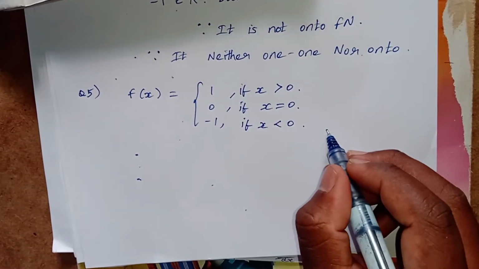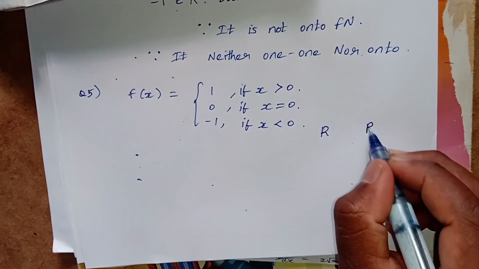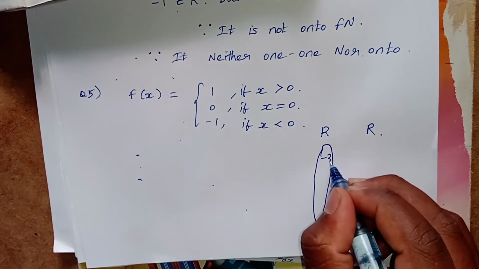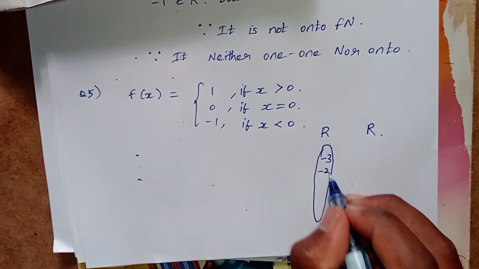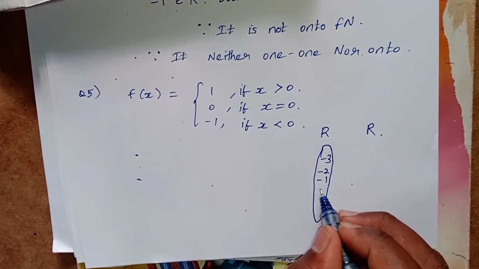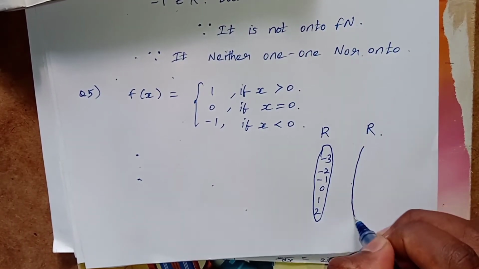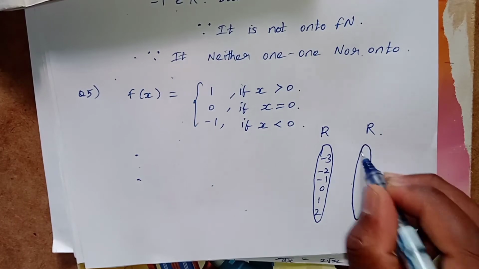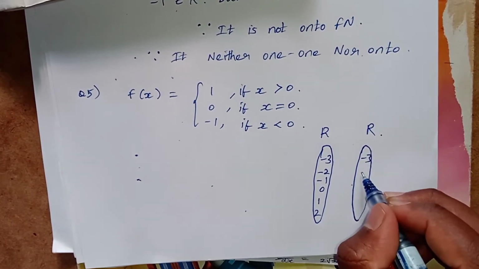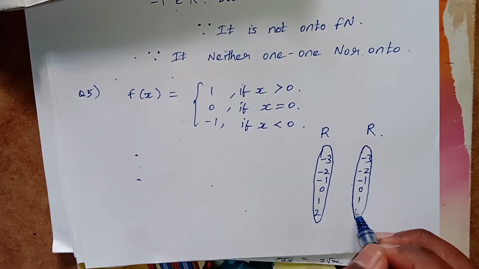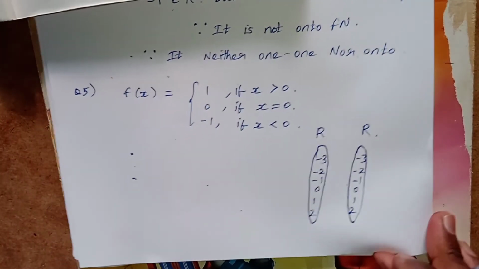Okay, here real number to real number. Okay, in real number: minus 3, minus 2, minus 1, 0, 1, 2. Okay, I am taking only a few examples. Here also minus 3, minus 2, minus 1, 0, 1 and 2.